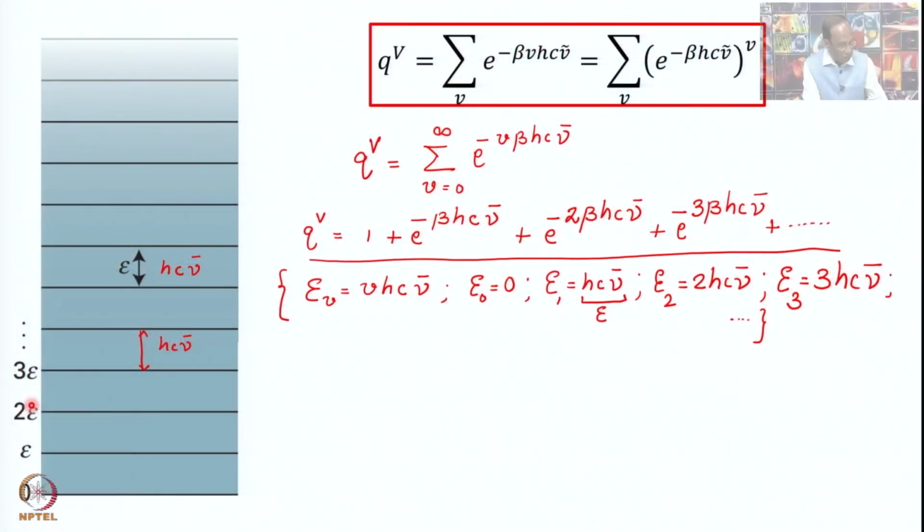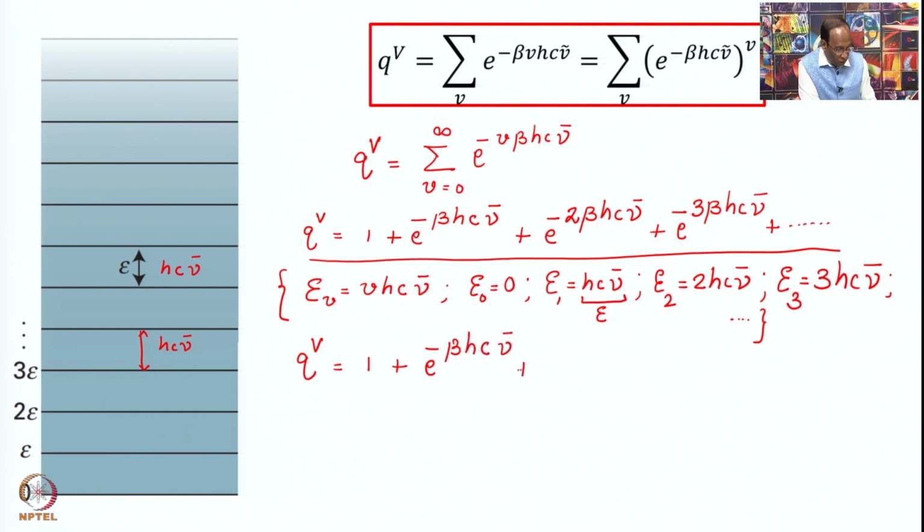If you look at the sum, it is 1 plus exponential minus beta E plus exponential minus 2 beta E plus exponential minus 3 beta E, which can be written as QV equal to 1 plus exponential minus beta h c nu bar for V equal to 1, and for V equal to 2, this second term is exponential minus beta h c nu bar squared, plus exponential minus beta h c nu bar cubed, plus so on.